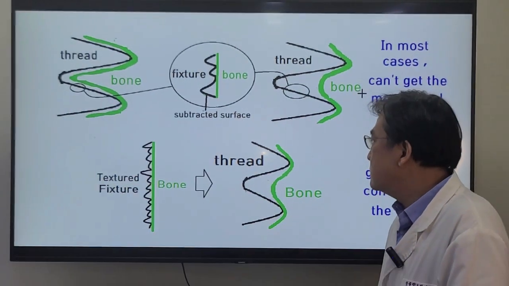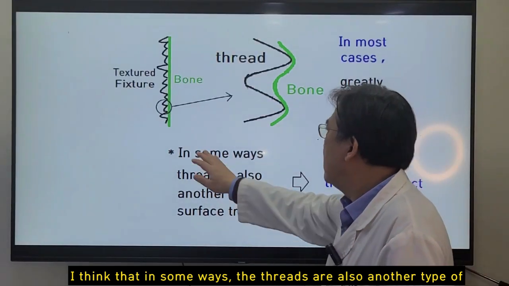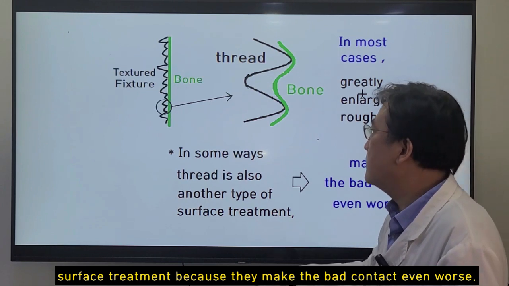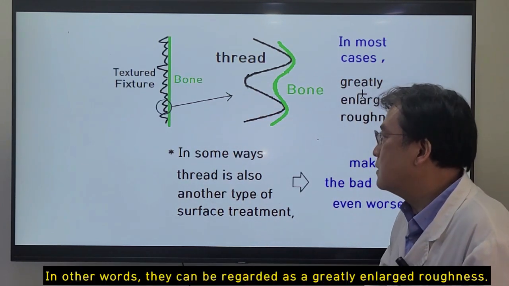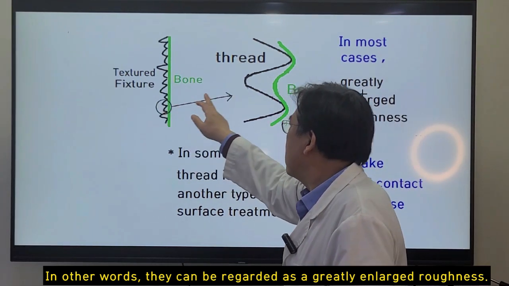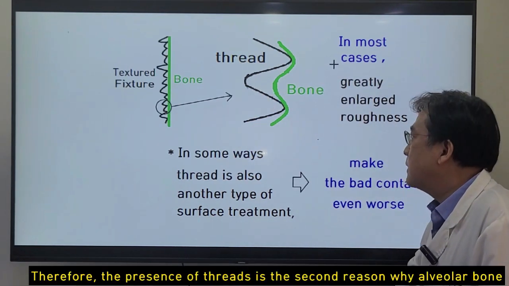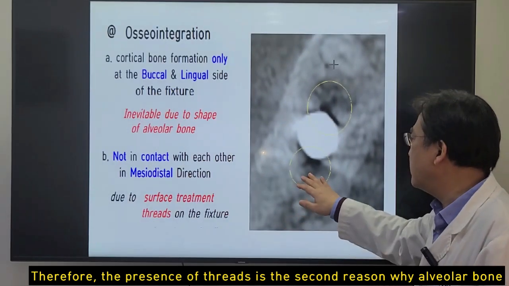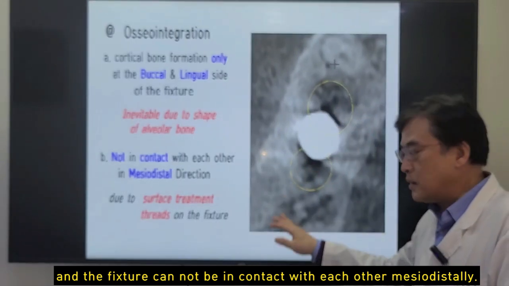For this reason, I think in some ways the threads are also another type of surface treatment because they make the bad contact even worse. In other words, they can be regarded as a greatly enlarged roughness. Therefore, the presence of threads is the second reason why alveolar bone and fixture cannot be in contact with each other mesiodistally.